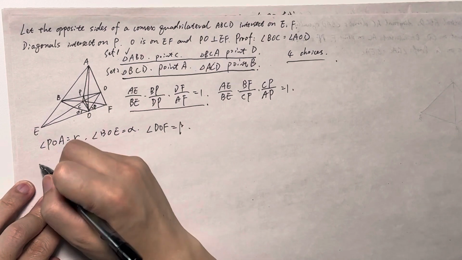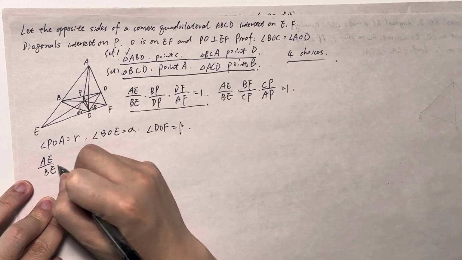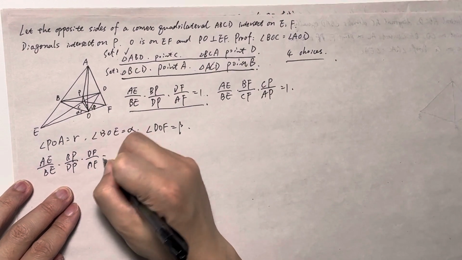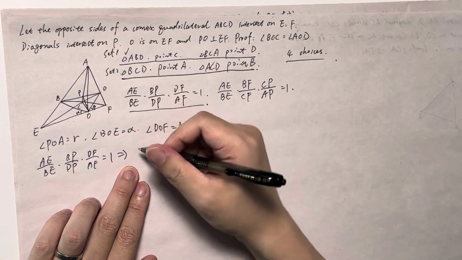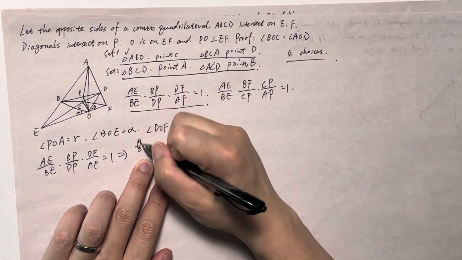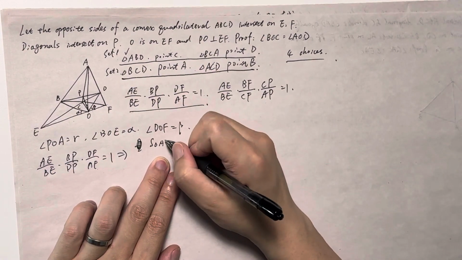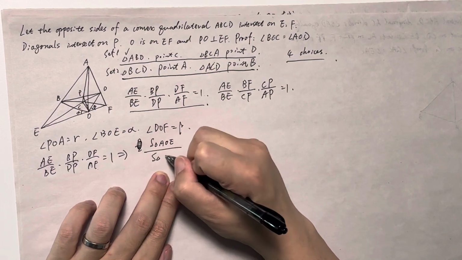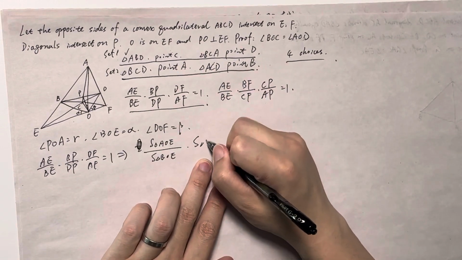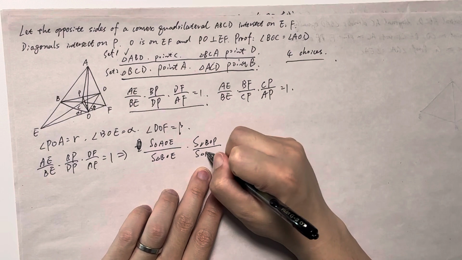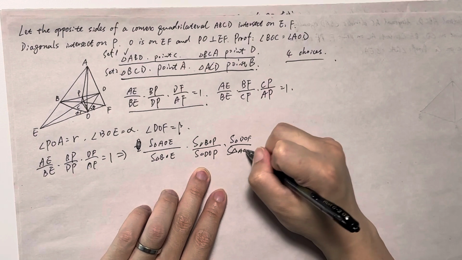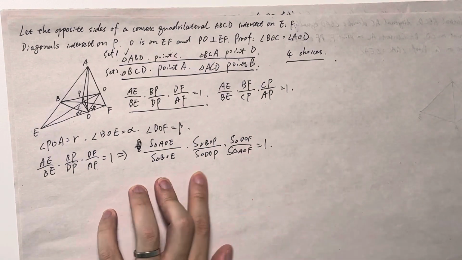Then we can write AE divided by BE times BP divided by DP times DF divided by AF equals 1. From this, AE to BE is the area of AOE to the area of BOE, right? And we just put O here. So we got BOP to DOP and DOF to AOF must equal 1.